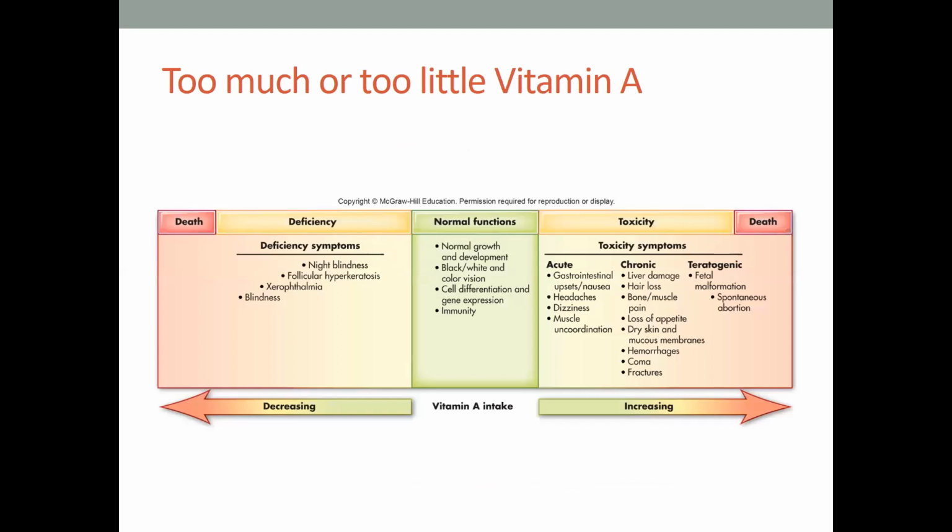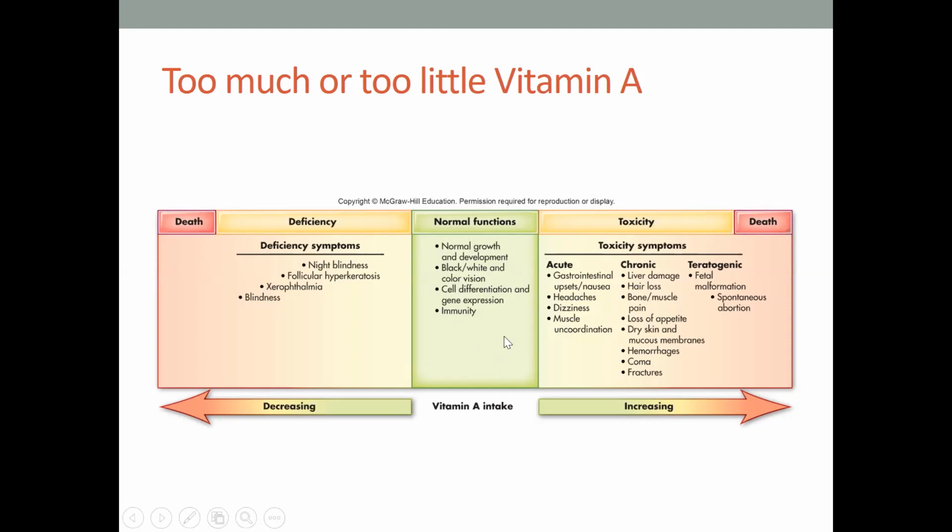This is kind of a nice picture way of explaining what I just said. And it's really going to be true for most vitamins. You really want to be right in the middle, right? And have the perfect amount of vitamin A so it can do all the functions in the human body. We want normal growth and development. We want normal night vision or black and white vision.